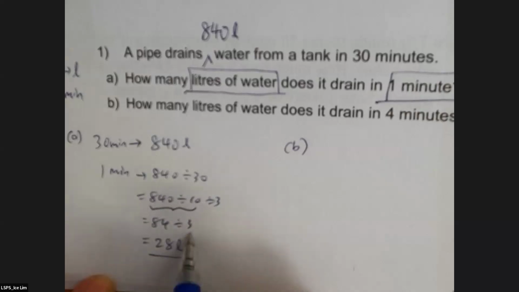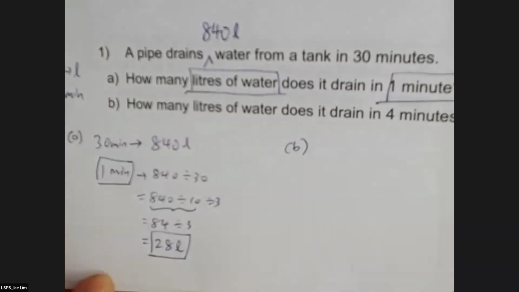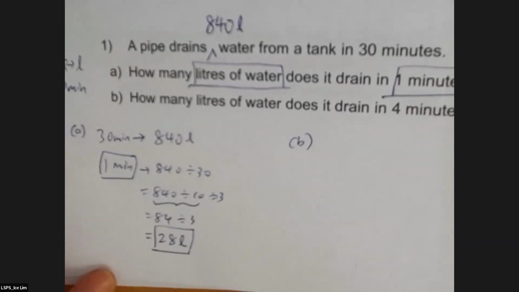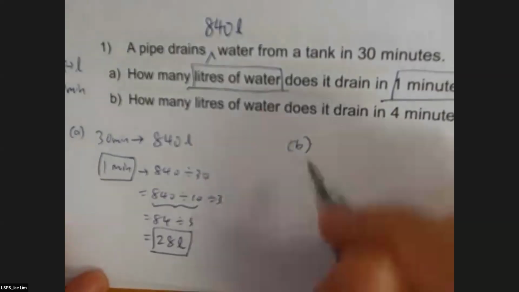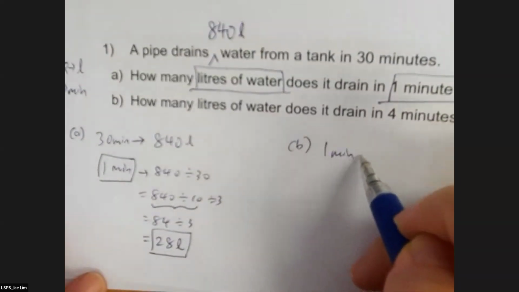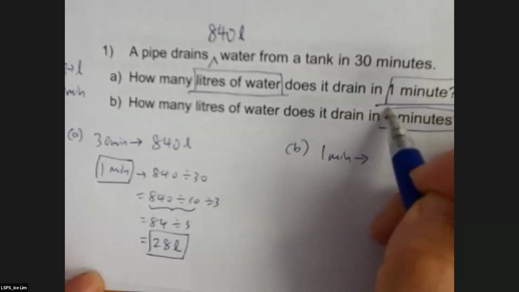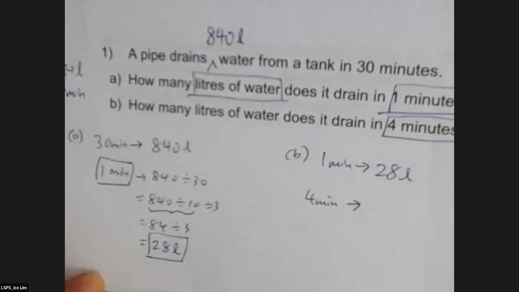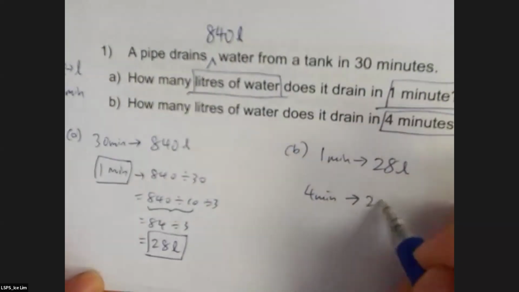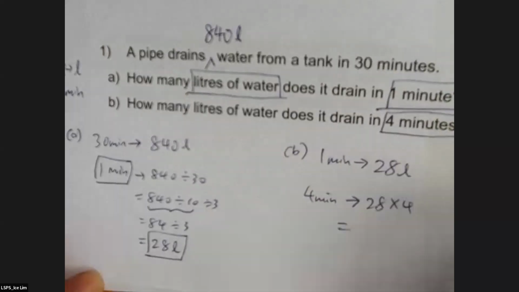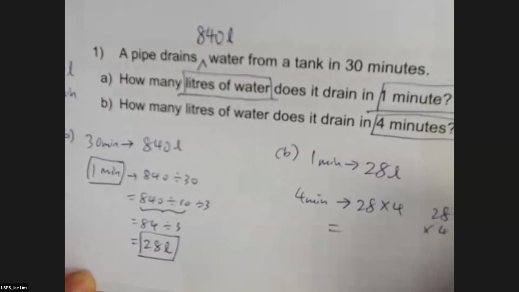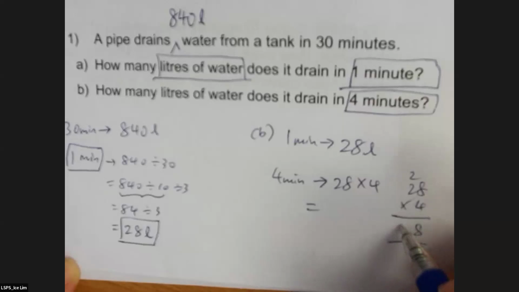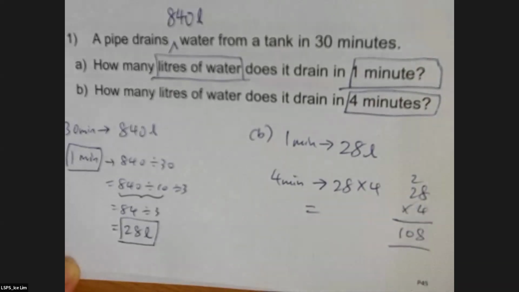So what it means is 28 liters? I really need to practice that. Yeah, wait. 1 minute is 28 liters. So 4 minutes is 28 times 4. Is this correct?